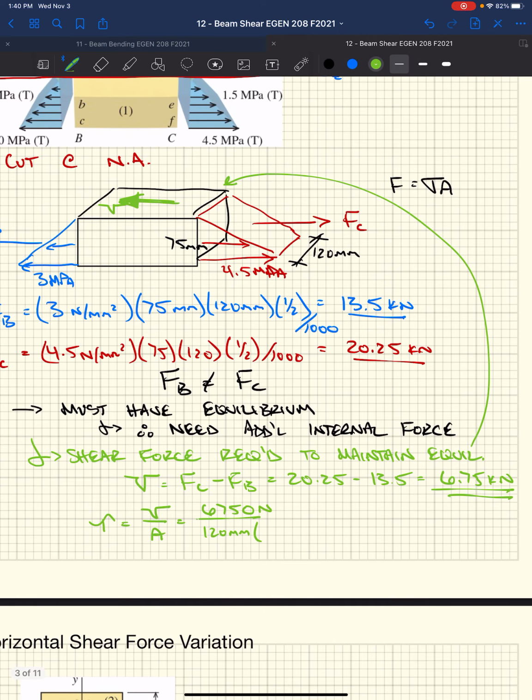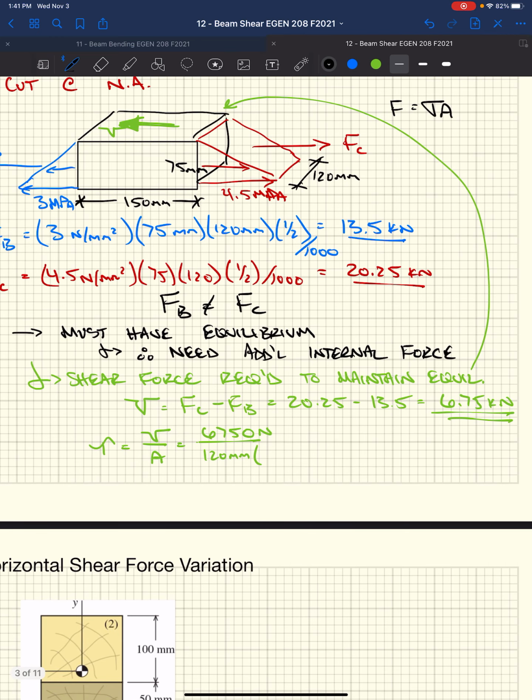120 millimeters, and if we cut this block and say it was 150 millimeters long, right? That's the length of the beam that we cut out. We would then multiply this by 150 millimeters, and we could get a stress of 0.375 newtons per millimeter squared, right?